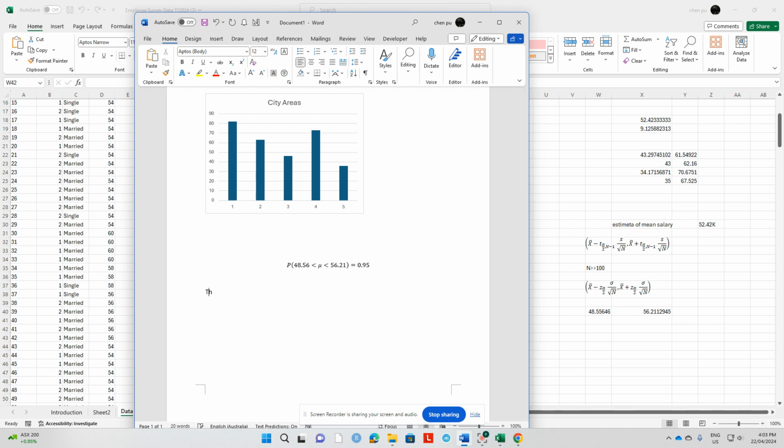You write: the probability that the population mean lies within the interval of 48.56 and 56.21 is 95%. This is the text interpretation.